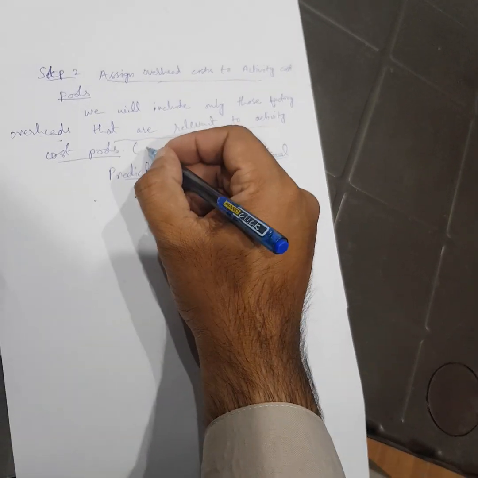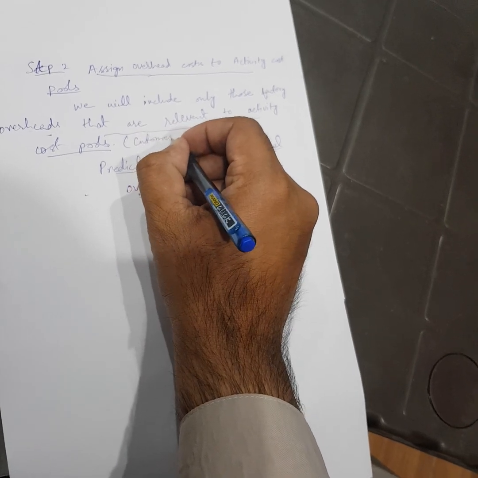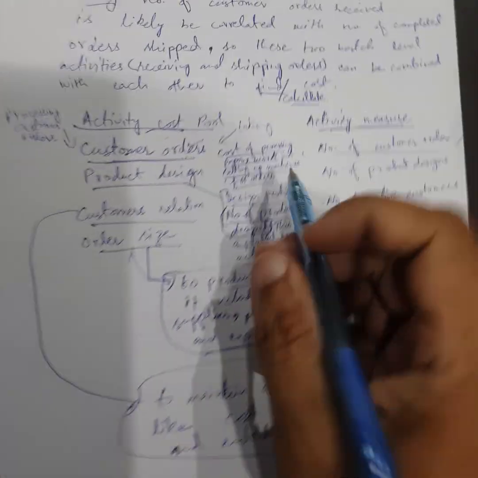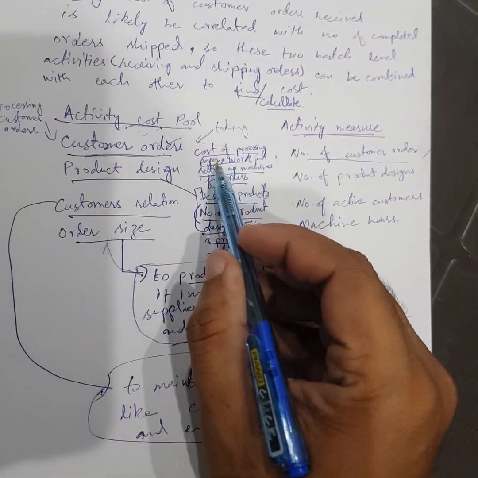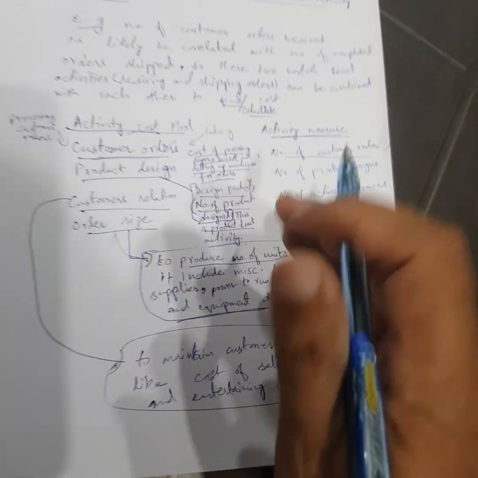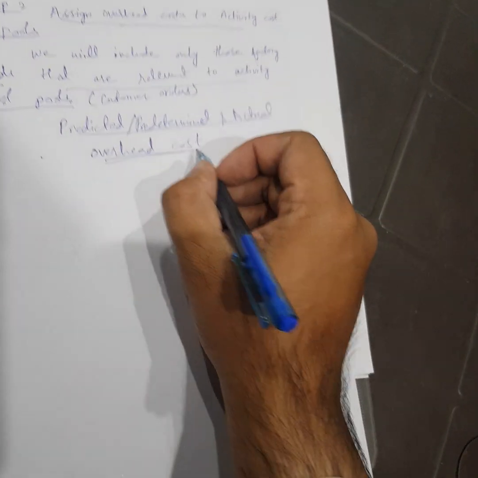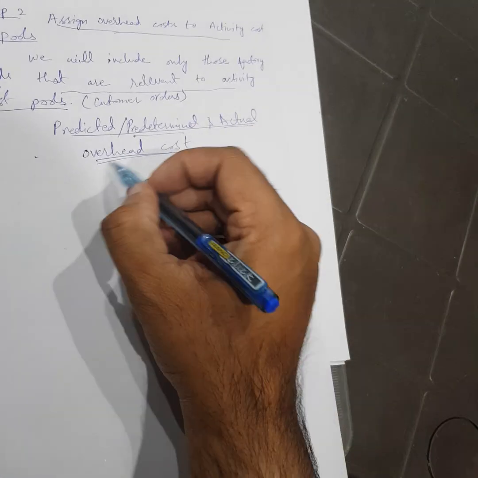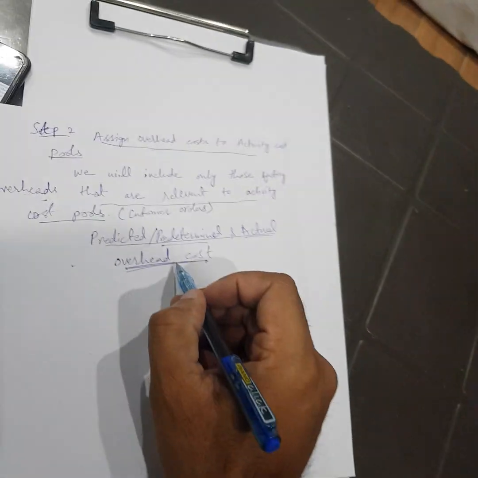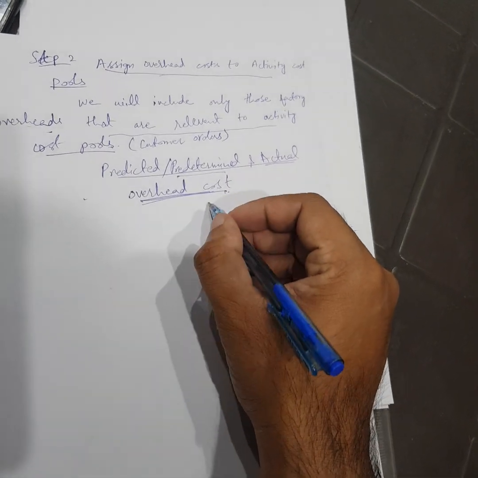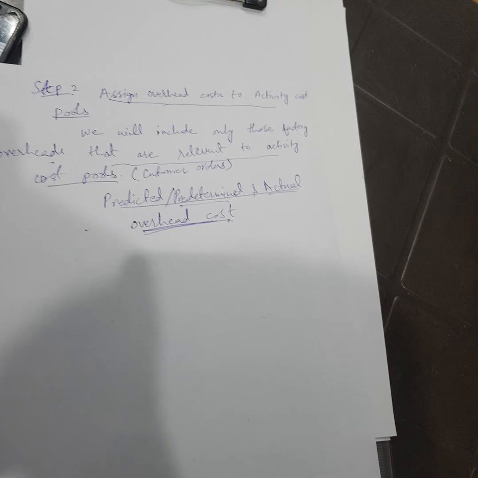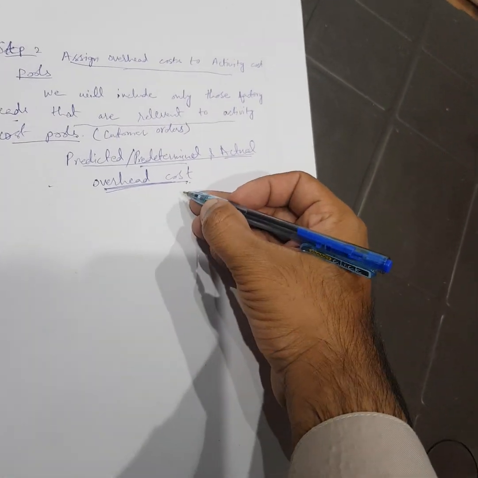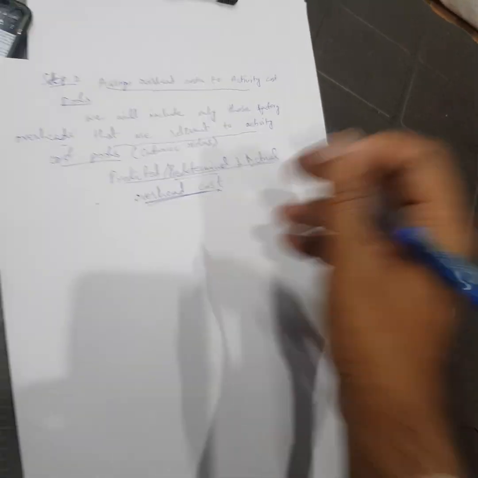Like for customer orders, what were our activity pools? Processing paper work and setting up machines for orders. So for that purpose, we will not use predetermined rates. We will use the actual overhead cost or actual rates incurred for taking and processing customer orders.